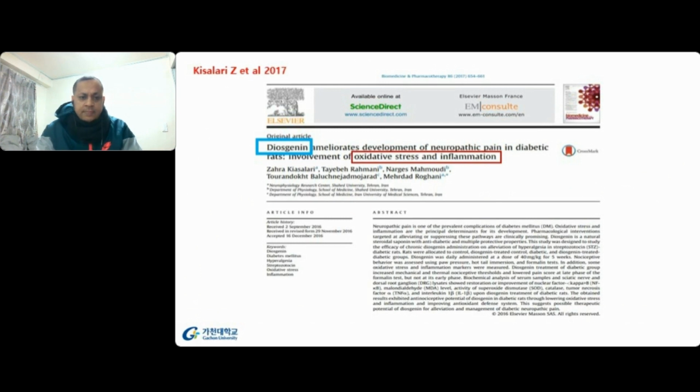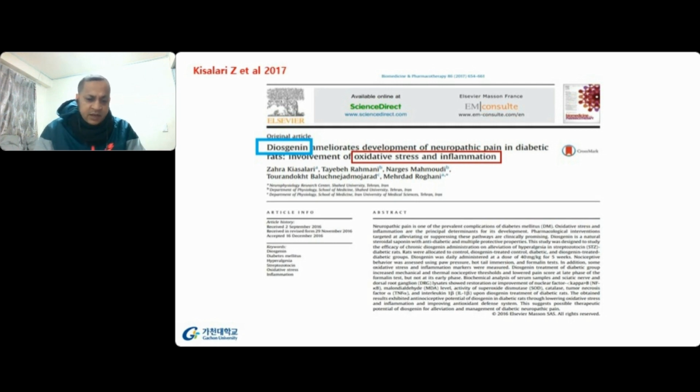So from these two works, diosgenin can regulate the homeostasis of calcium. That is very important for TRPV1. As you know, TRPV1 is one of the ion channels which regulates calcium ion influx in the cell and thereby controls pain sensation.